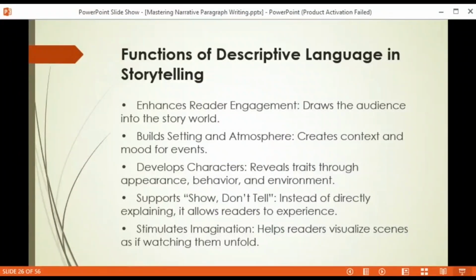It supports show and tell. Show and tell, we are going to come to it in the coming slides. Instead of directly explaining, it allows readers to experience, stimulates imagination, and helps readers visualize scenes as if watching them unfold. Next slide, please.